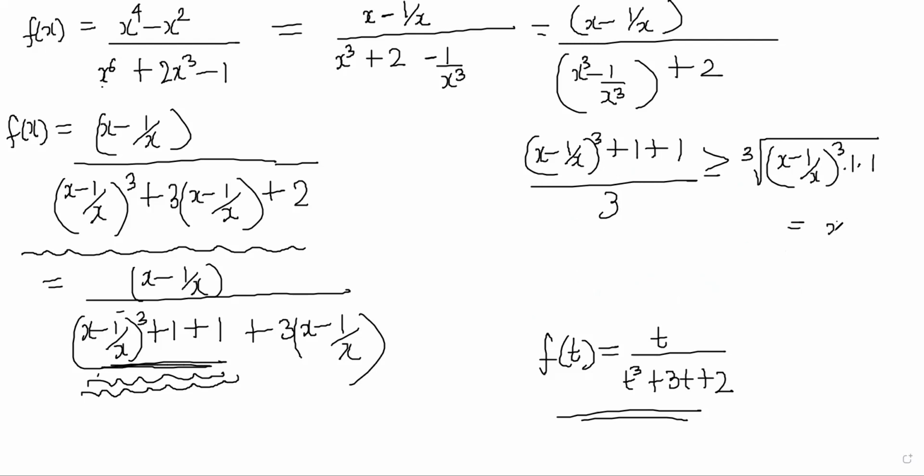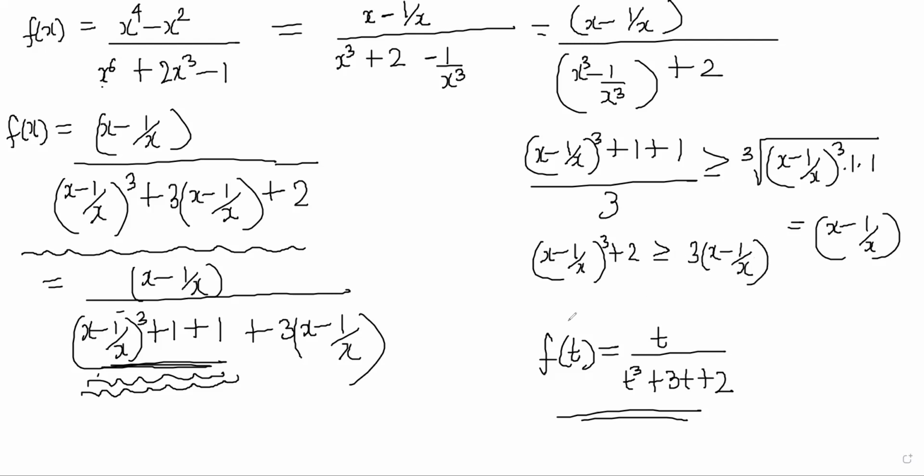So this part is equal to simply x minus 1 by x, right? So you have x minus 1 by x whole cube plus 2 is greater than or equal to 3 times x minus 1 by x.